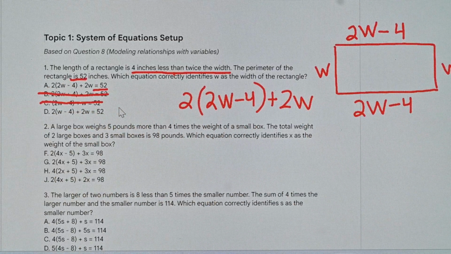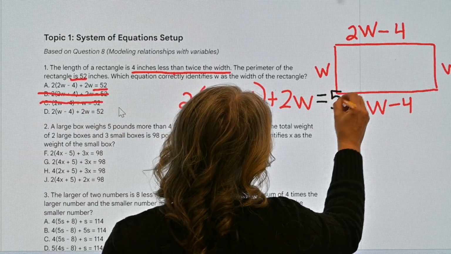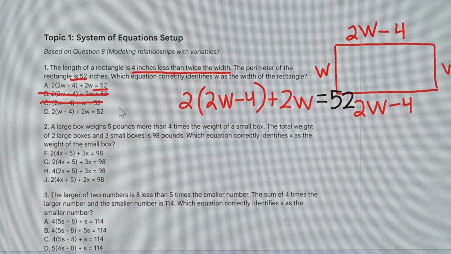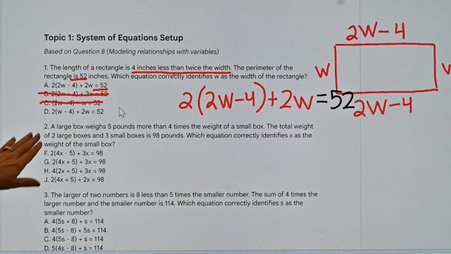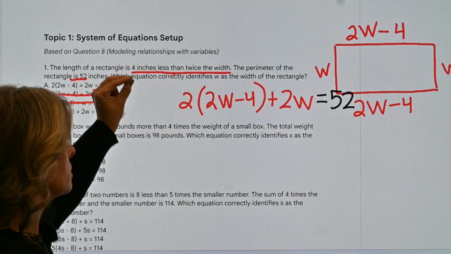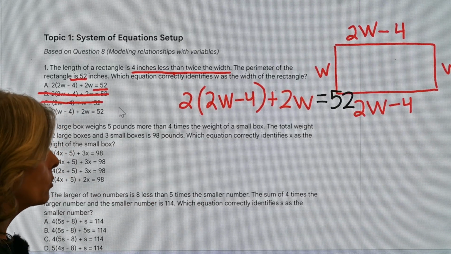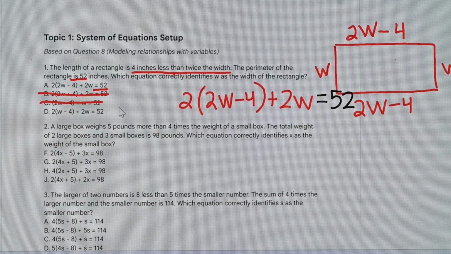And then that is going to equal 52. Would everybody agree that that is the correct answer? Okay, I believe that's the correct answer. When I looked at this earlier, I was thinking this, but the more I read it, it says 4 inches less than twice the width. So 2W minus 4 for each of those lengths. You guys feel pretty good about that?